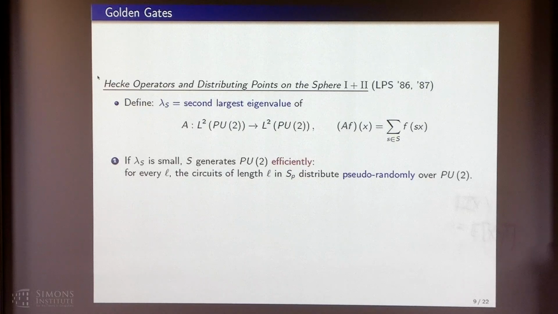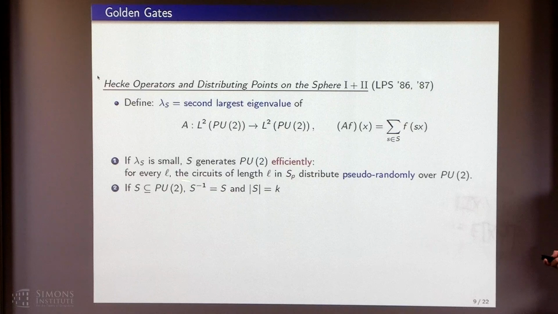And they have an Alon-Boppana bound, which is: if you have any finite set of elements of size k, and it's symmetric, so it contains the inverses of every element there, then lambda_S is at least 2 square root of k minus 1.